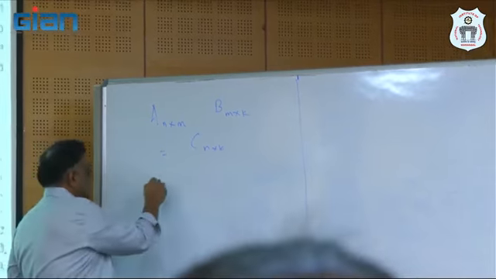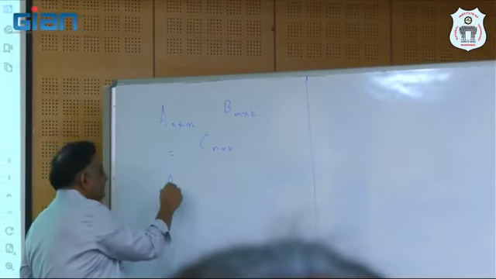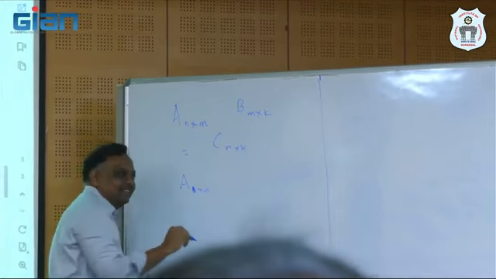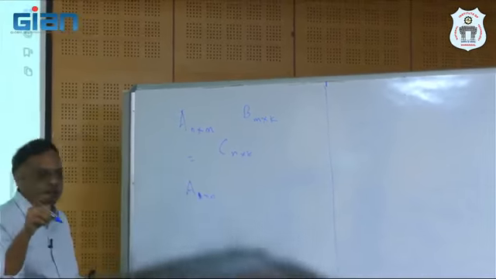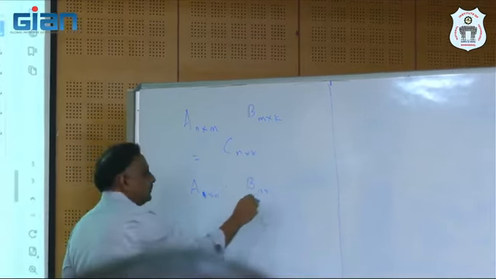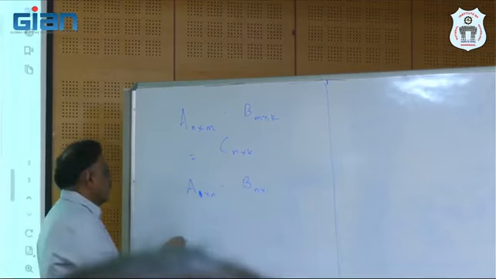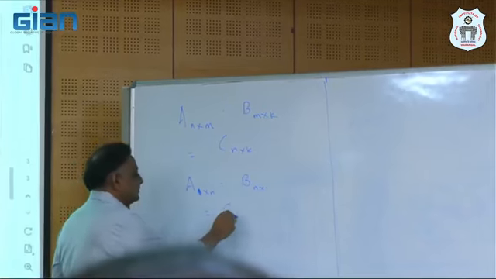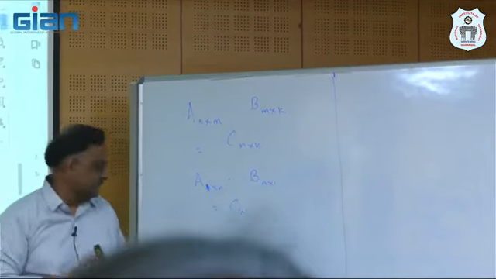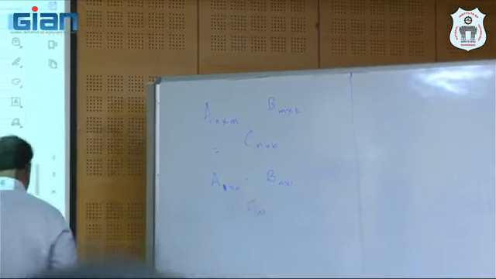A row vector is 1 cross n. Multiply with a column, n cross 1. What do you get? 1 cross 1. What is 1 cross 1? So you mean a single row is considered as scalar, sir?